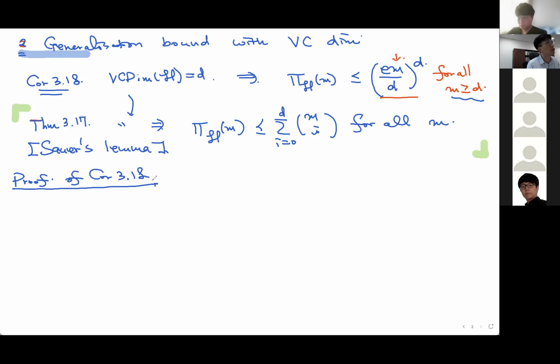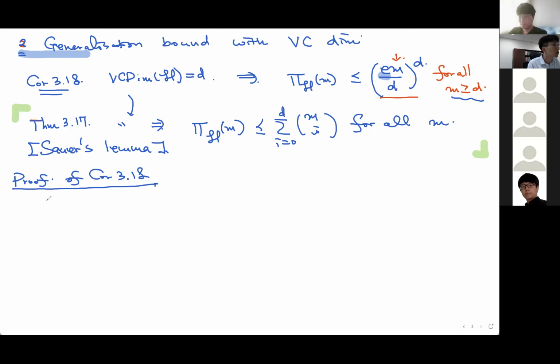The proof is a calculation, but it's not so hard. Also, if you look at the proof, you will see where this strange exponential number is really coming from.